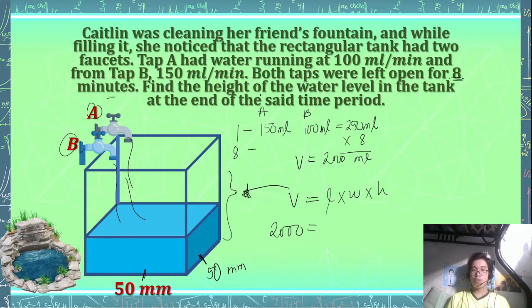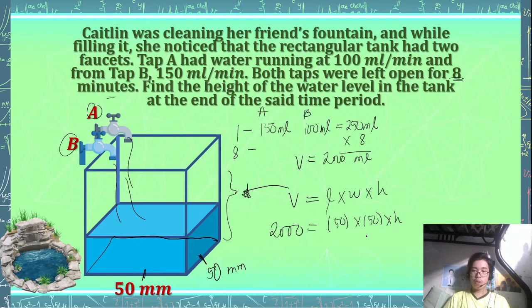For this one on the figure, the base is a square. So if this is a square base, this is going to give us 50 times 50 times the height. Right now, we don't know the value of the height.